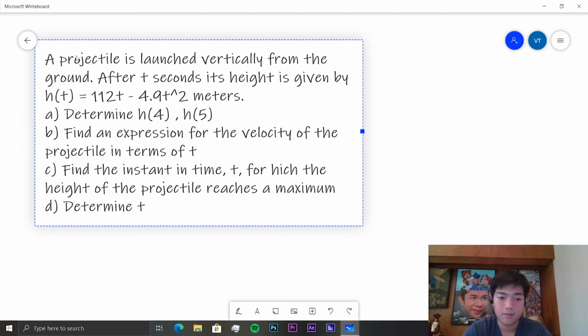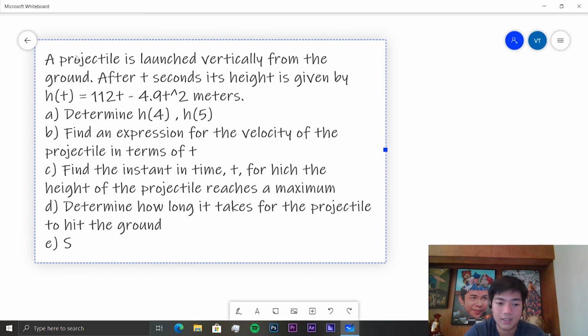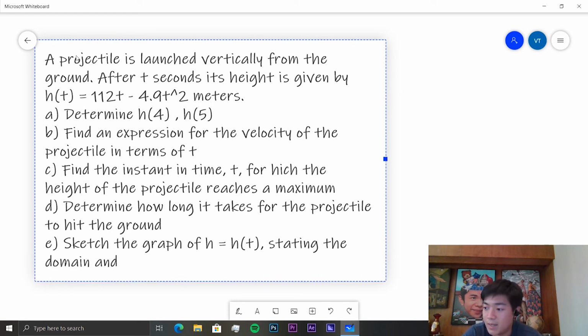Determine how long it takes for the projectile to hit the ground. And finally, sketch the graph of h equals h(t), stating the domain and maximum.